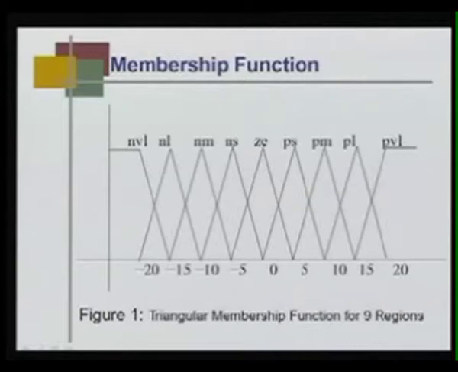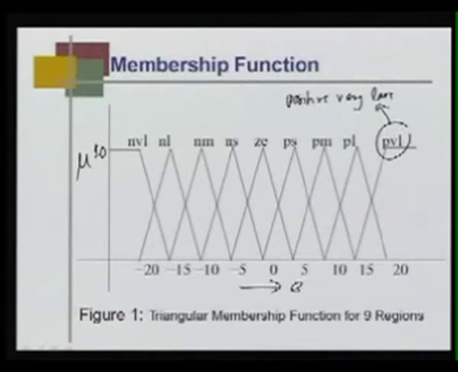So, you see that normally, for example, this is my error and this is my membership function mu, and the maximum value is 1. If we look at the change in error, we can define here, as shown, positive very large, positive large. PVL is positive very large. Similarly, NVL is negative very large.